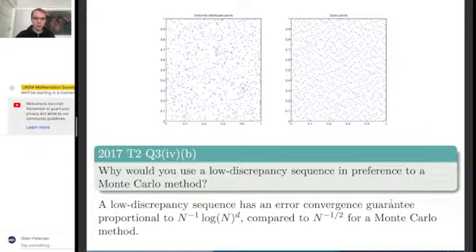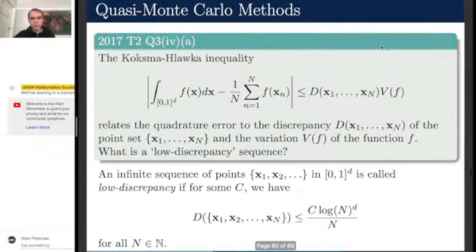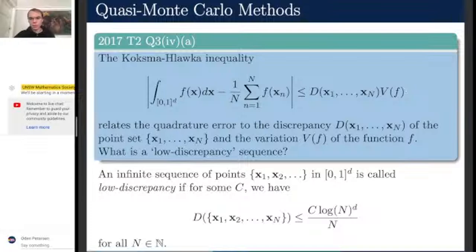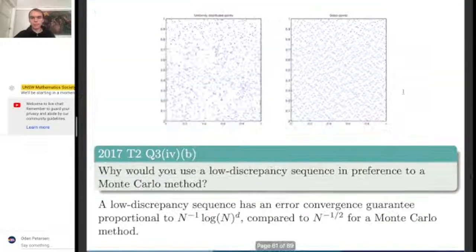And so this second part of the same question from 2017 is asking why this might be preferable to a Monte Carlo method. Numerically you can compare this bound here, discrepancy times function variation.